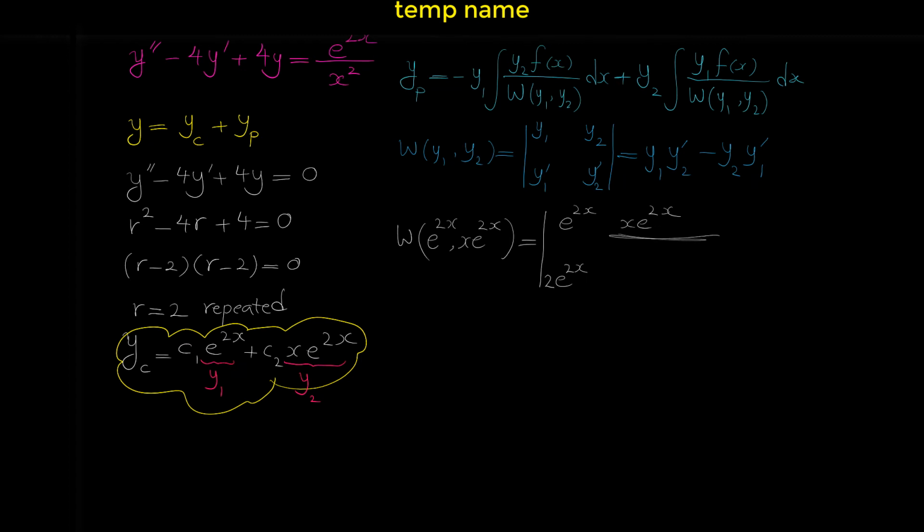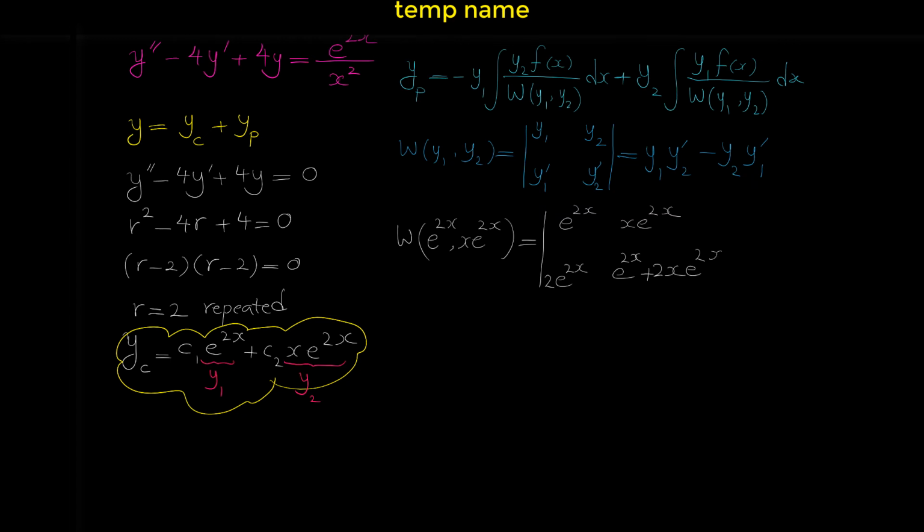But for finding the derivative of this, we have to use the product rule, x times e to the 2x. The derivative of x is 1 times e to the 2x, plus, write the first function, which is x, multiplied by the derivative of e to the 2x. But we see here that the derivative of e to the 2x is 2e to the 2x.